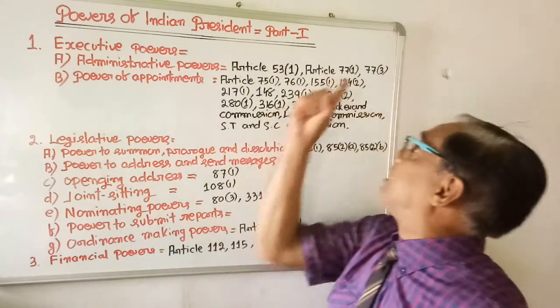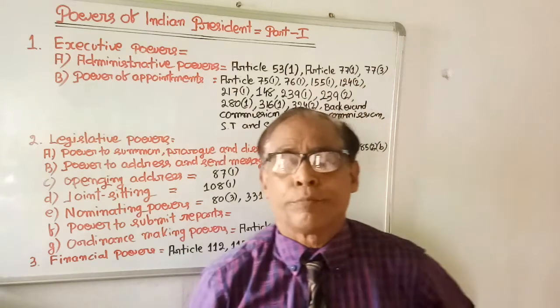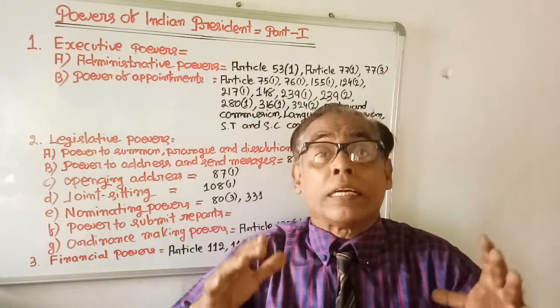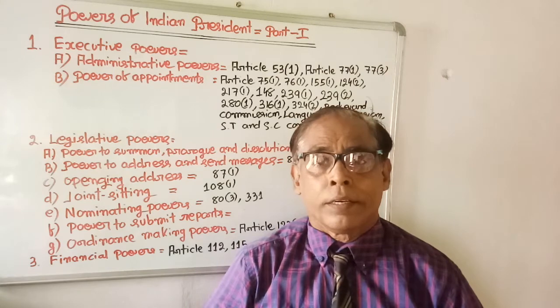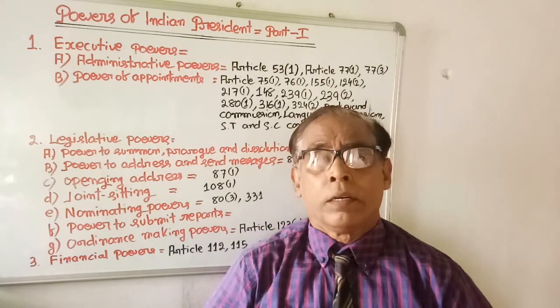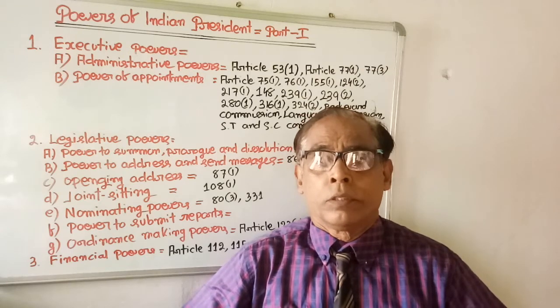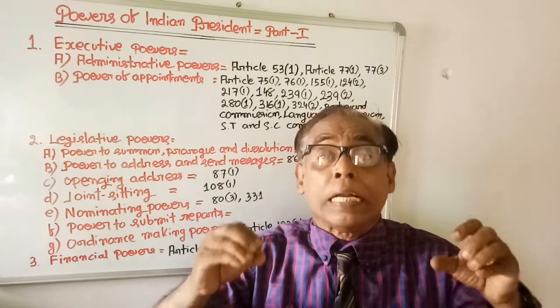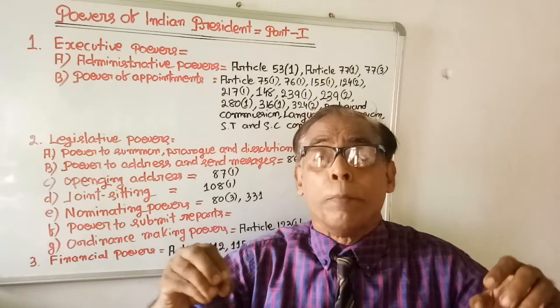Again, Article 77 Clause 3 says, it is the duty of the President to make rules for the convenient transaction of the business of the government of India.